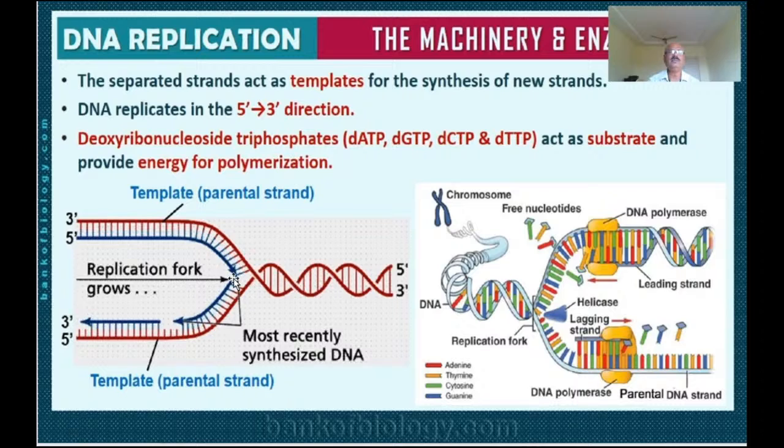Whereas opposite to this strand, because this is 5', the opposite is 3'. Always DNA will be produced from 5' to 3'. So here small fragments of new strands will be formed initially. Later these fragments join together and a continuous new strand will be formed.